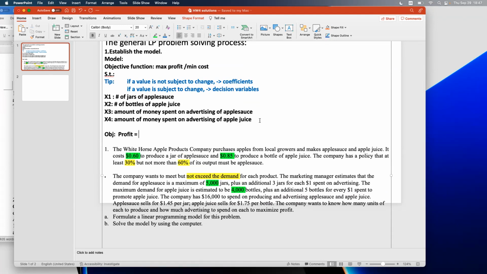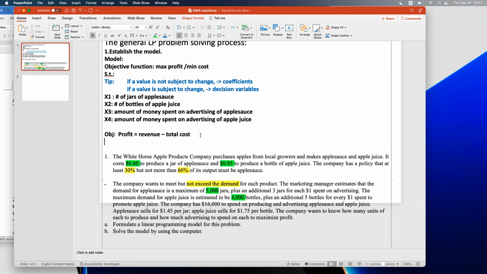Profit equals revenue minus total cost. All right, remember that. In this problem, we use Z to replace profit.